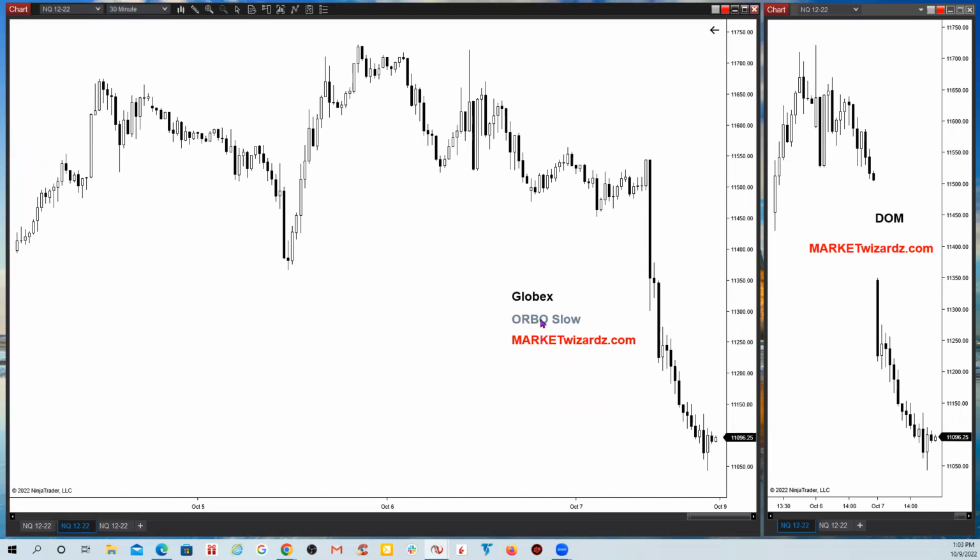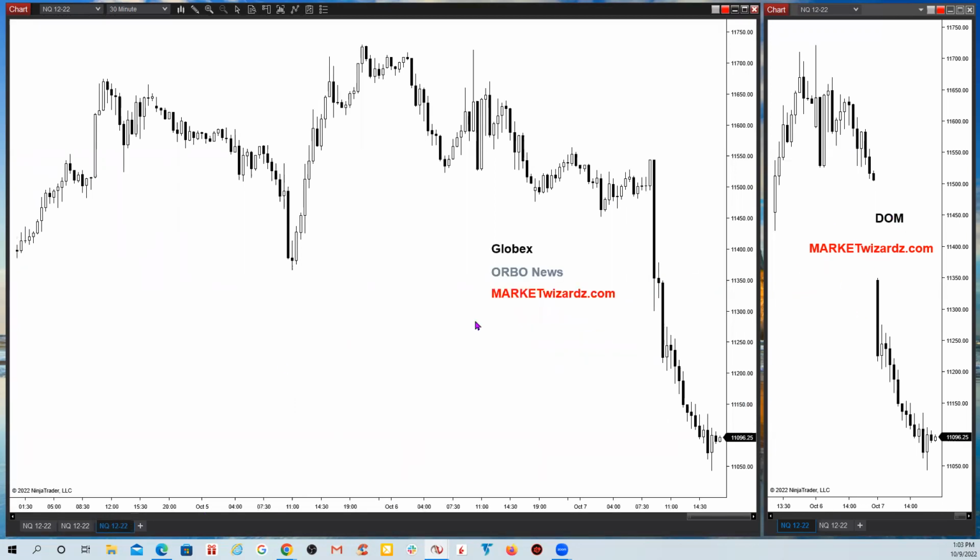And Orbo, for those of you who don't know, is opening range breakout. And if you want, you can put the D at the end, opening range breakdown, when it comes south side. So these are very important charts, and I want them right next to my dome, because this is where the action happens, right here.